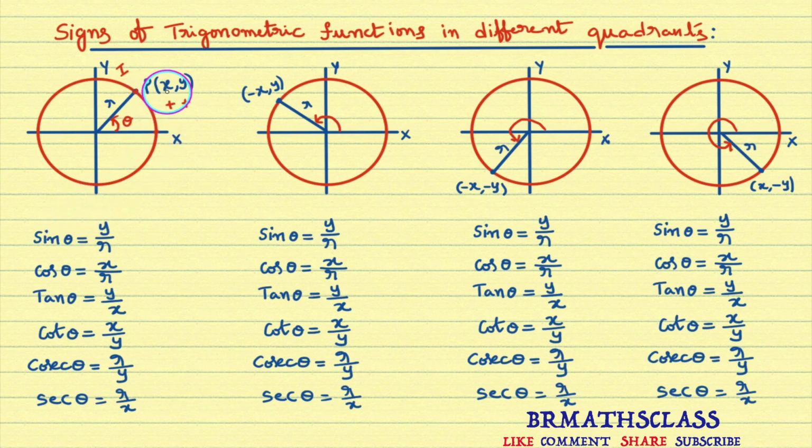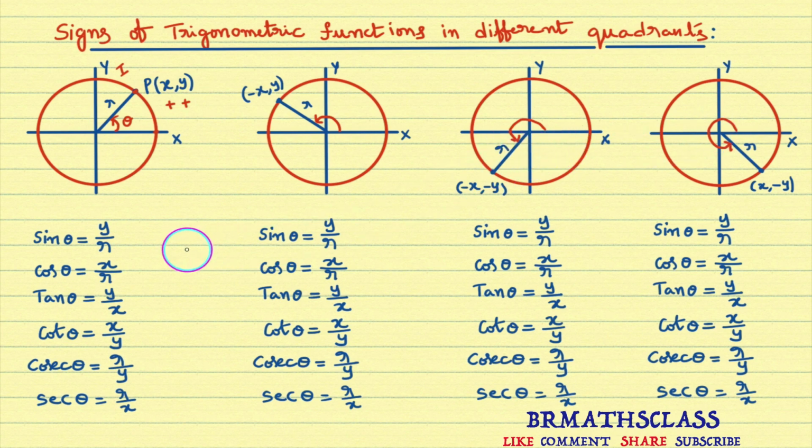In the first quadrant x is positive, y is positive, and we know that in a circle the radius is always positive. Can you draw a circle whose radius is negative? No, we cannot draw. In a circle, radius is always positive. In all the four diagrams, radius is always positive.